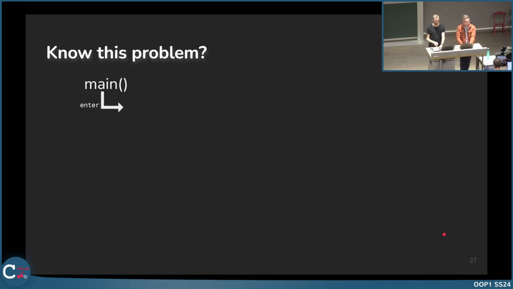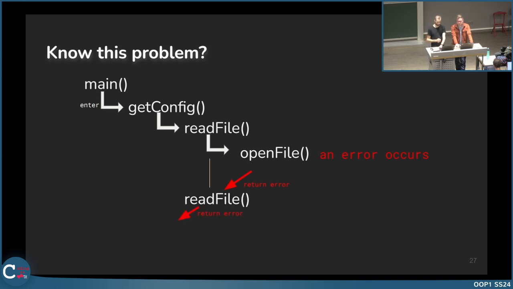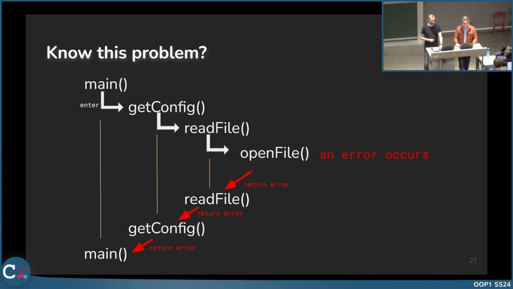Okay, so basically what we are doing is calling the main function, which calls the getConfig, which calls the read file, which calls the open file. Here we get an error. So we return the error to the read file, we return the error to the getConfig, we return to the main. This creates so much code for us where we always have to check the return values of each function call.